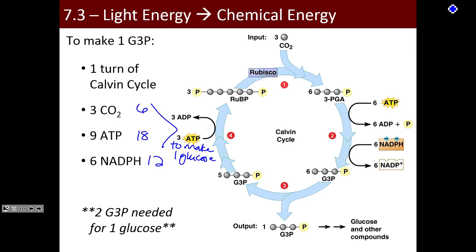Okay. Once we have those G3Ps, we have lots of things we can do with them. If I need to just make stuff and burn energy in cellular respiration, there's no reason to make a glucose because I can bypass the energy investment phase of glycolysis and just shoot those G3Ps right into the middle of glycolysis, right? So some of those G3Ps are just going to go over to the mitochondria and be used to make more ATP for the plant, the plant's own metabolic processes.